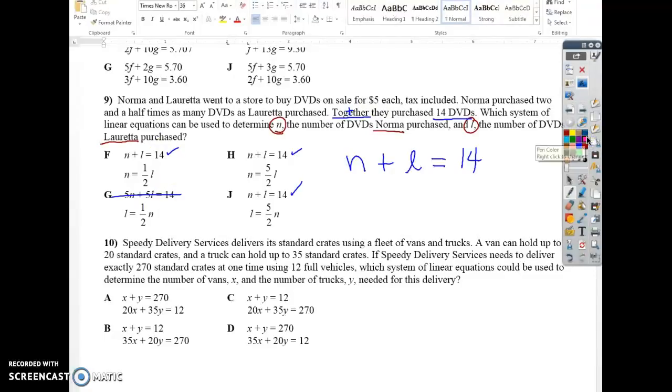Okay, the one that's a little confusing is right here where it says Norma purchased 2.5 times as many DVDs as Loretta purchased. So Norma equals 2.5 as many as Loretta. Times. It said times. So we're multiplying. 2.5 times as Loretta.